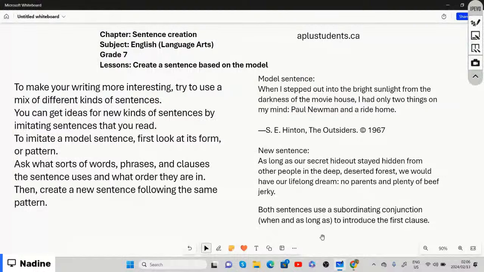To make your writing more interesting, you need to try to use a mix of different kinds of sentences.